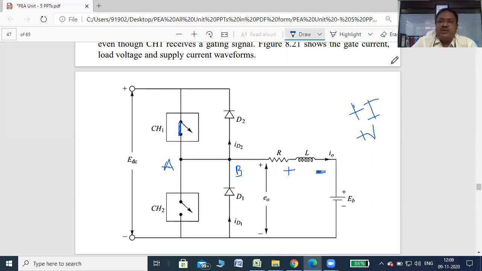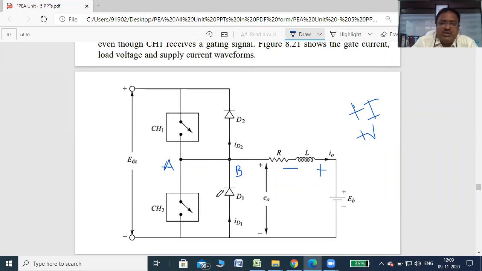Now, whenever the switch or chopper 1 turns off, what happens? Because of that, the stored charge across the inductor gets its polarity reversed. So the left side of L becomes negative and the right side becomes positive. Because of this negative, terminal B is negative.